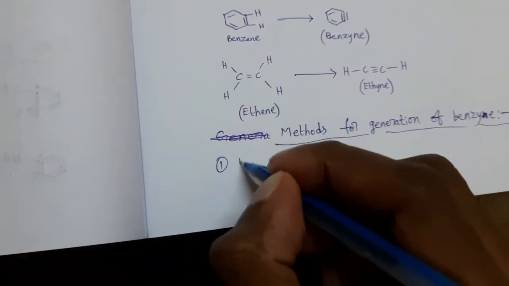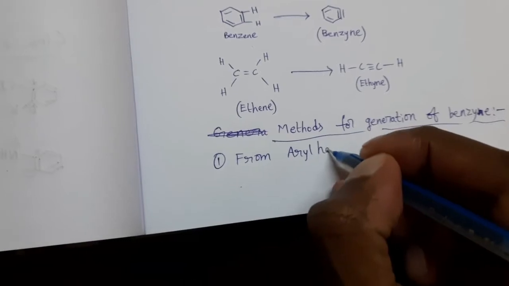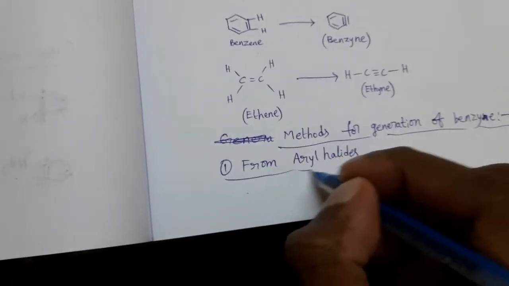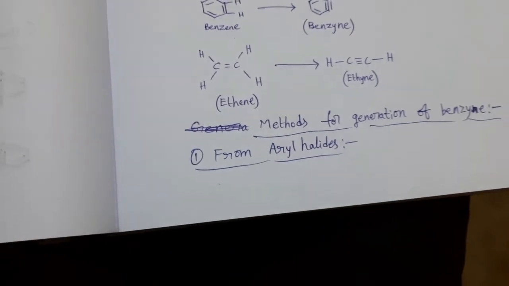First one is from aryl halides. Aryl halides means halogen atoms attached to the benzene ring. Those are called aryl halides.